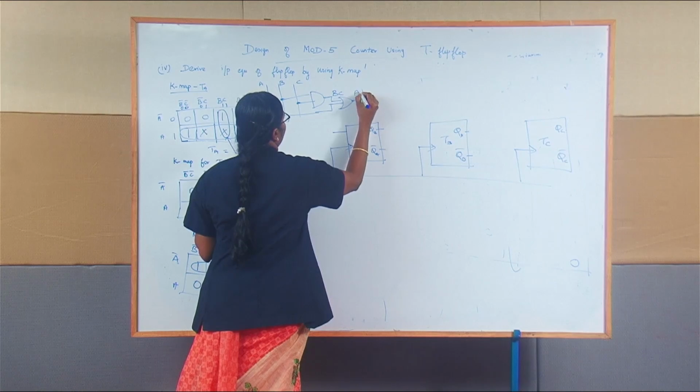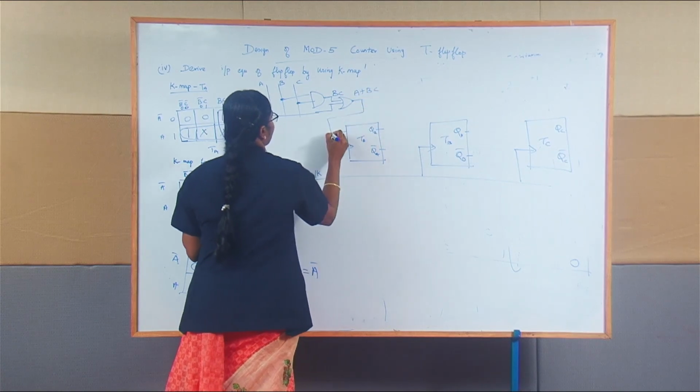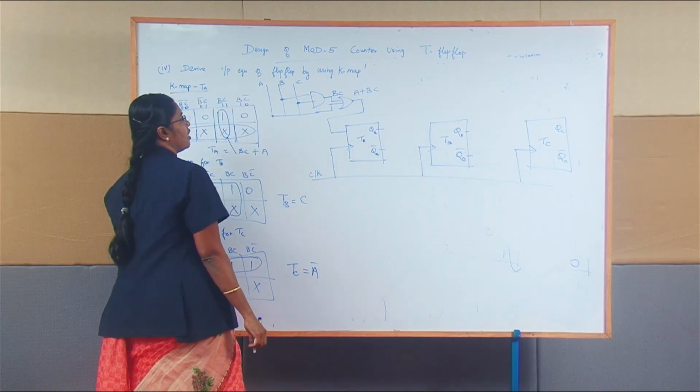So here you get A plus BC, and this is given to flip-flop TA.